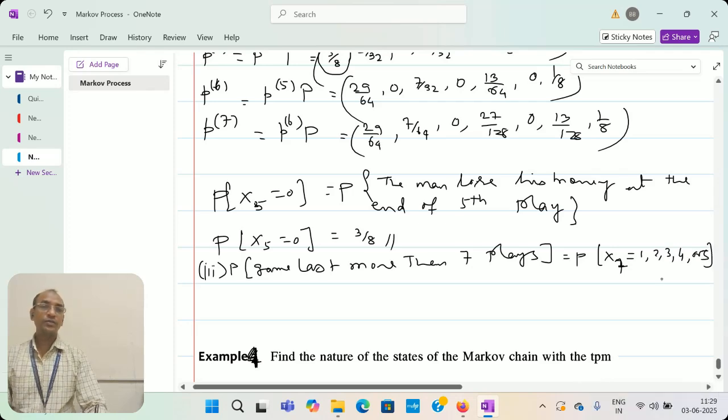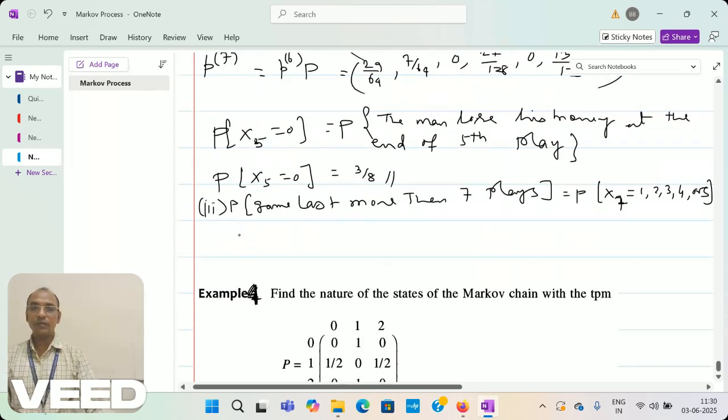He will not have 6 rupees, because if he has 6 rupees then he will stop the play. So there is a possibility that he may have 1 rupee, 2 rupees, 3 rupees, 4 rupees, or 5 rupees. Then he will continue playing the game.